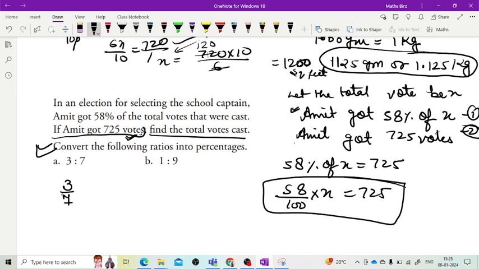If we are converting it to percentage, we will multiply by 100. That is 300 by 7 percent. 300 by 7%. Same thing. 1:9, that means 1 by 9 multiplied by 100, that is 100 by 9 percentage. Okay.